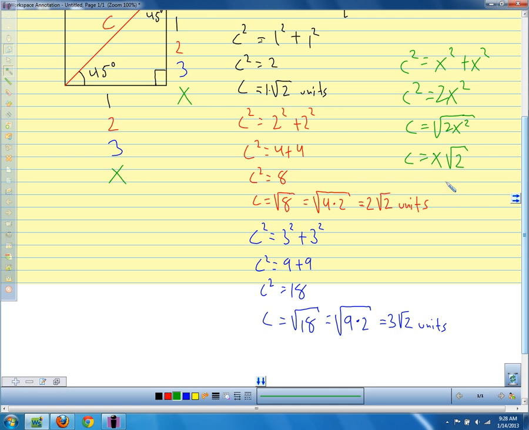So let me write the rule, and then we'll look at some examples. So we always end up multiplying by the square root of 2, but depending on the numbers, we won't always get a square root of 2 in there, because other things happen.